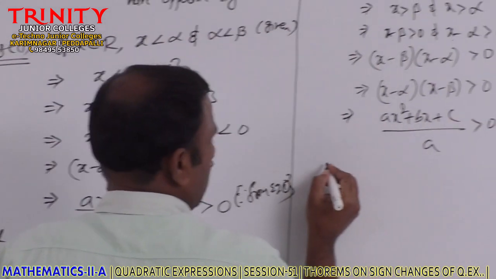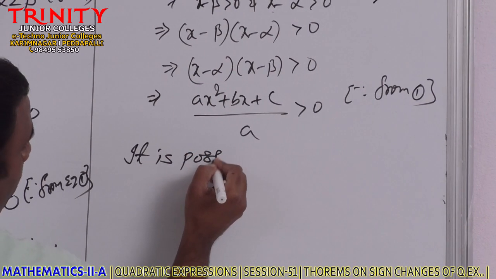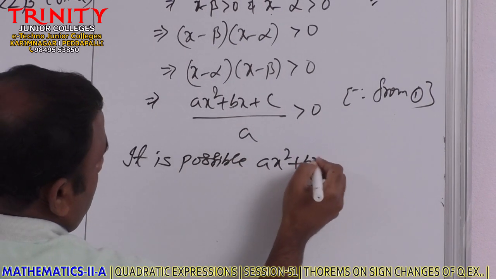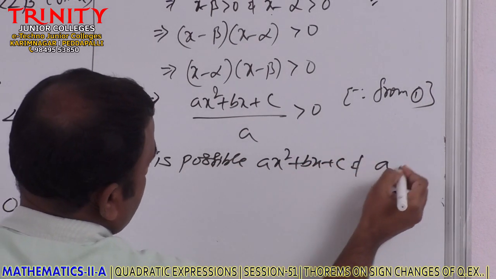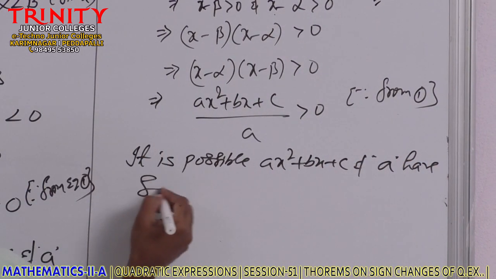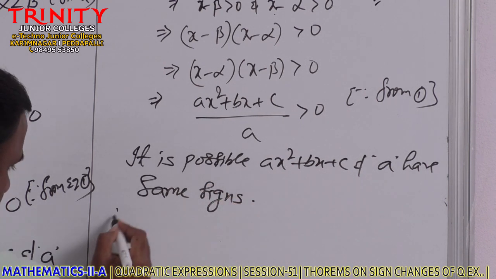Therefore, it is possible that ax square plus bx plus c and a have same signs.